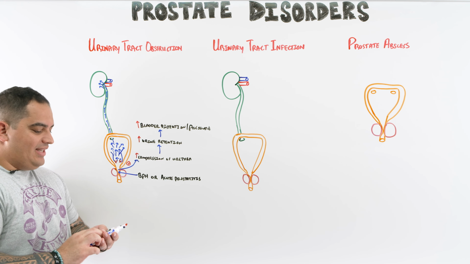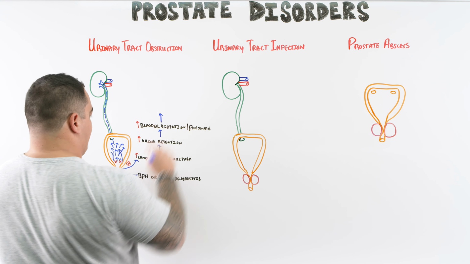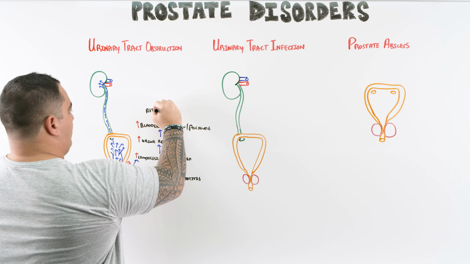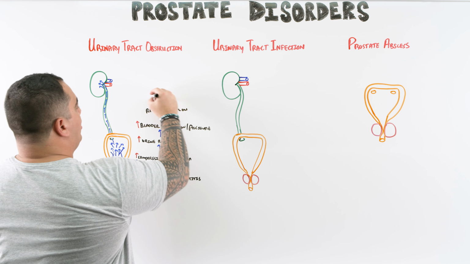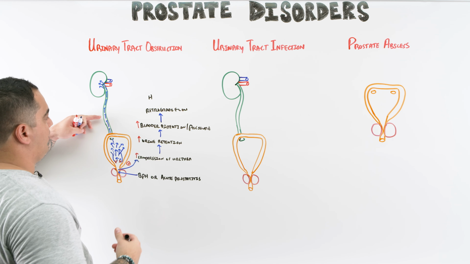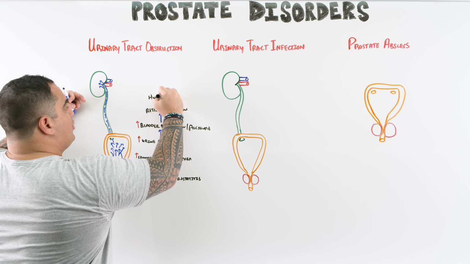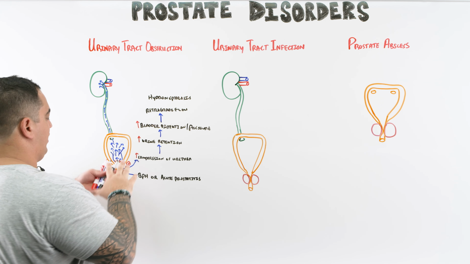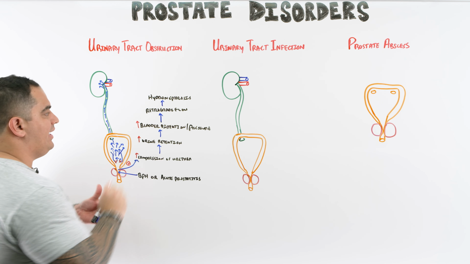This is what we refer to as hydronephrosis. So this can cause retrograde flow, which we talked about. And from that retrograde flow, you'll lead to the enlargement of the ureter and the kidneys. And this can be called hydronephrosis. So you're going to kind of waterlog, if you want to think about this, the kidney.